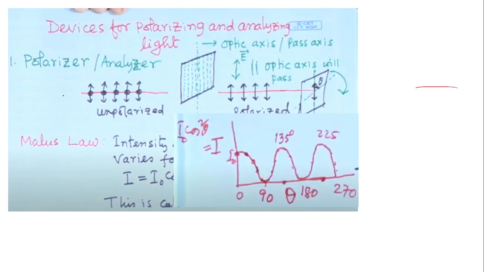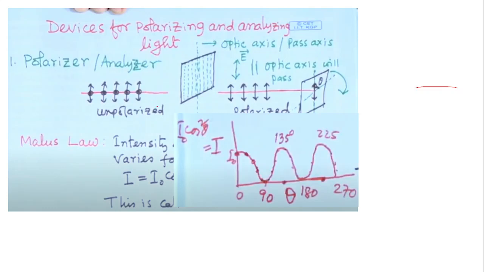Now what we see is, if we send unpolarized light through this device which polarizes, these kinds of crystals or prisms, then if the optics axis is parallel to the electric field vector, the light will pass through and the electric field parallel to the optics axis will remain.